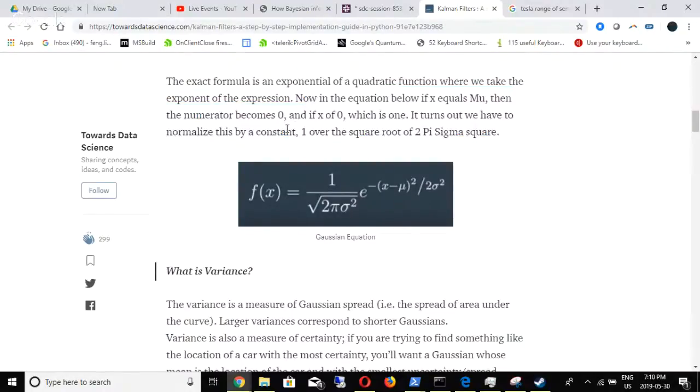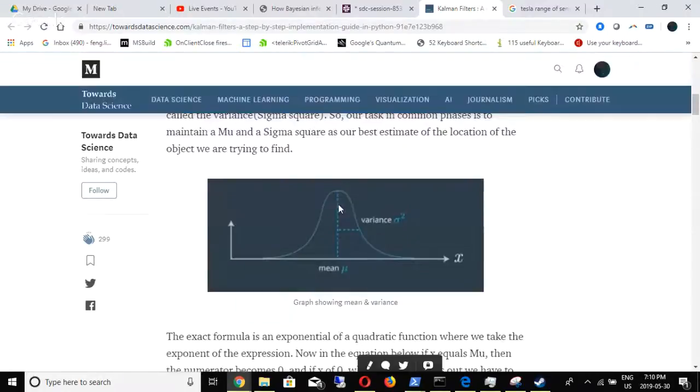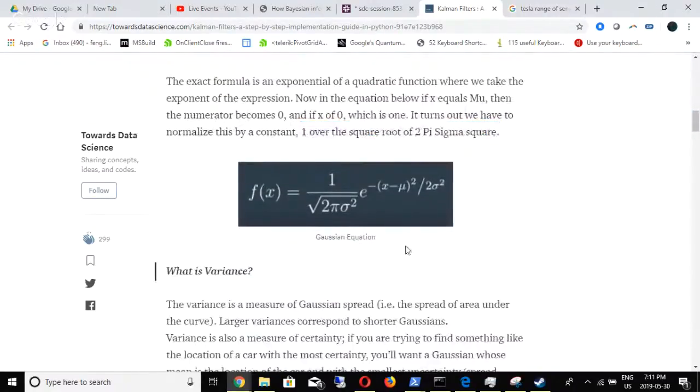Then you do have to normalize the 1 by some square root, because otherwise at this point it's not a probability.